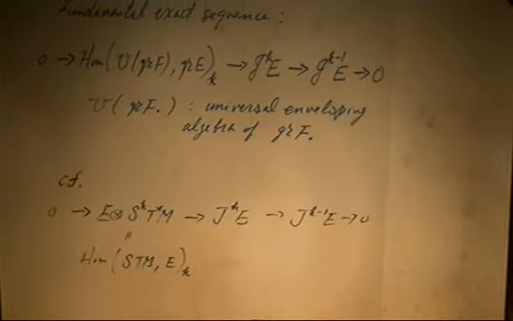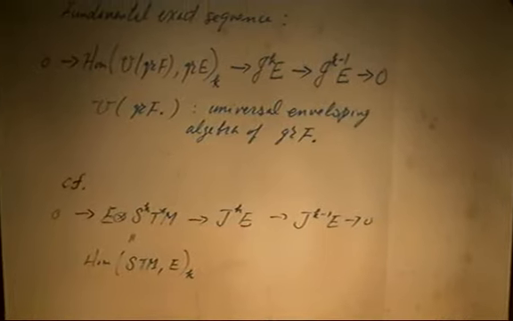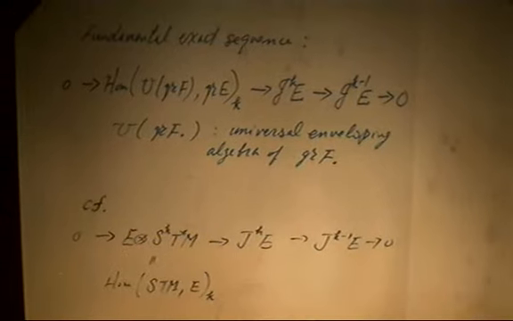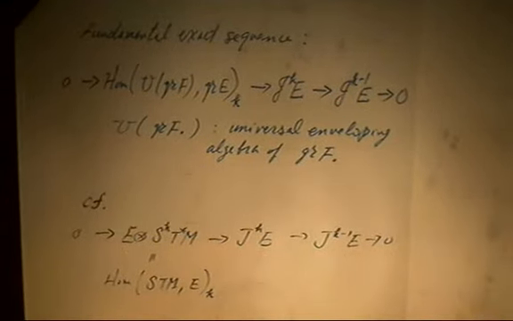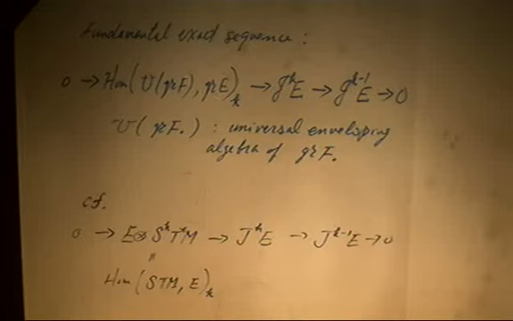Question: on E, is the bracket compatible with the filtration? Answer: gr E is only a vector space, only a vector bundle, while U(gr F) is the universal enveloping algebra.